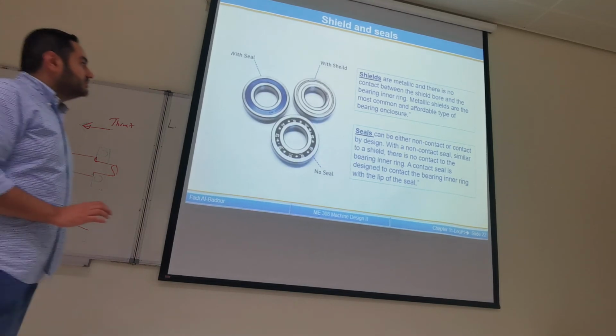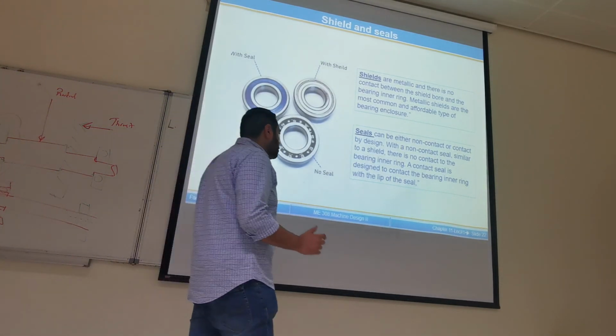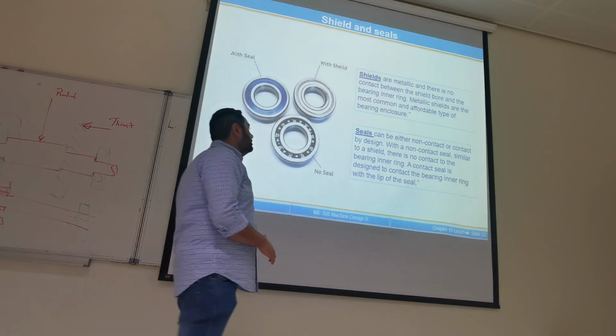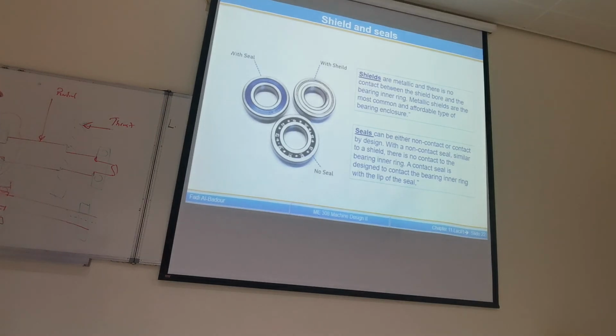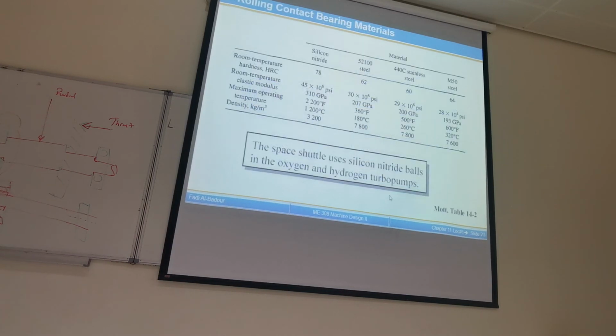The seals usually are non-metallic, and their job is to prevent foreign material from going inside, in addition to foreign material in liquid form or moisture form. So they prevent water or any fluid from getting inside. So these are the shapes, one that is shield and one where the seals are removed.